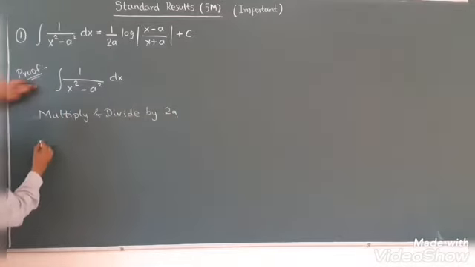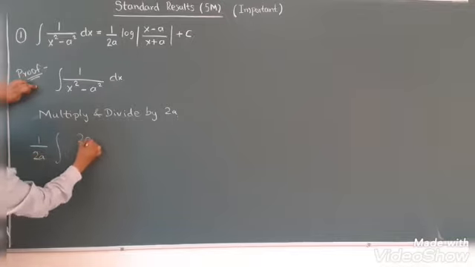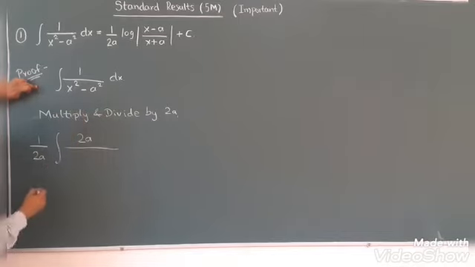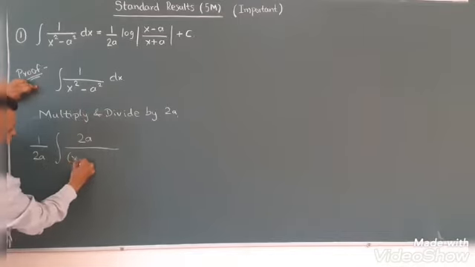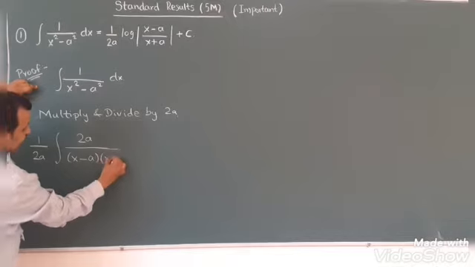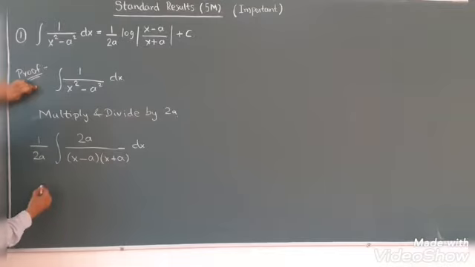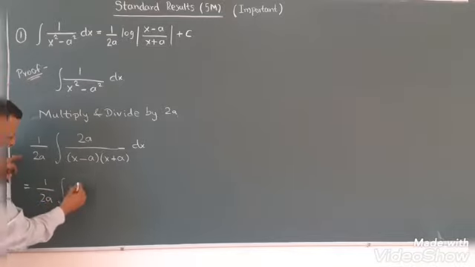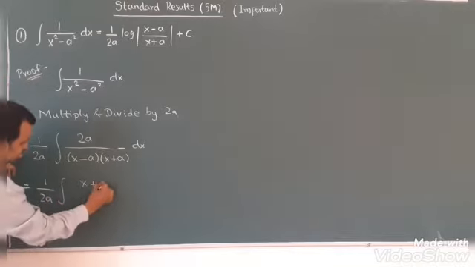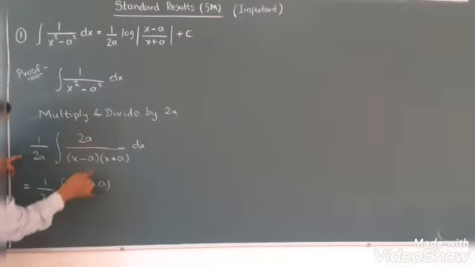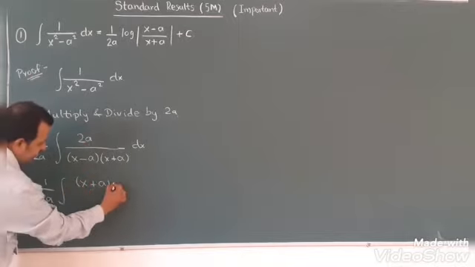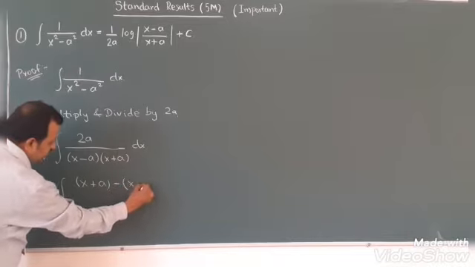So you can see here 1 by 2a will come here and here I can say 2a divided by this x square minus a square, we can write as x minus a into x plus a, dx. This we can write as 1 by 2a into integral of this 2a can be written as x plus a. I want a here, so x is already here, so minus I can write here x minus a.